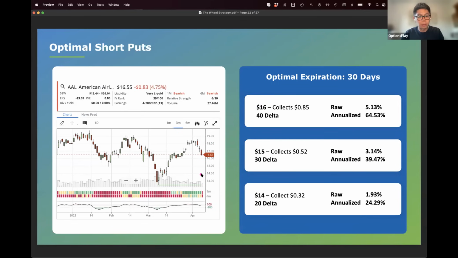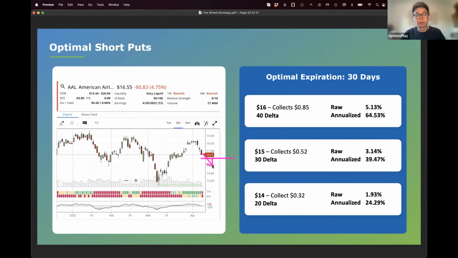So if you choose strike prices that are very far away from the current price of the stock, there's a low probability that the stock is going to decline that much before it continues to appreciate in capital. So the further the strike price is from the current price, the less probability that you're going to end up owning the stock, which is why you want to choose strike prices close to the current price. That increases your probability of owning the stock.